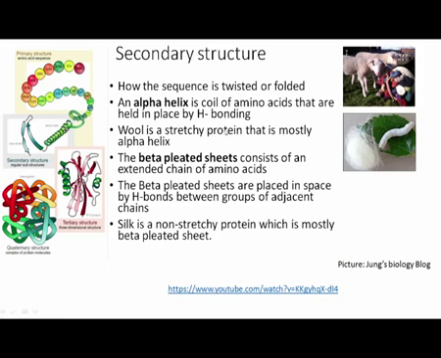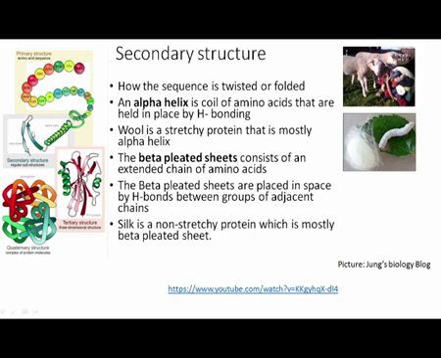A classical example of such a hydrogen bonded alpha helical structure is, as I just told you, wool. This is a structural protein, obtained from sheep, and it is a stretchy protein that is mostly alpha helical in nature.